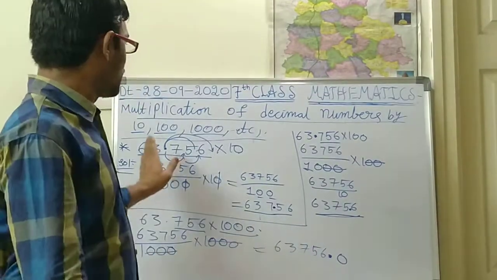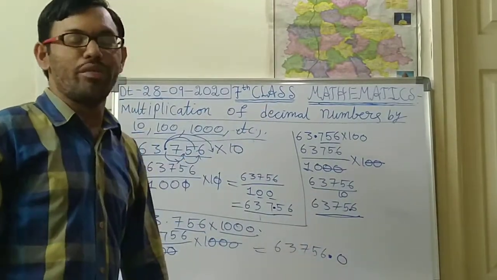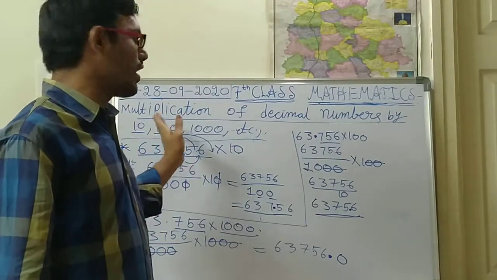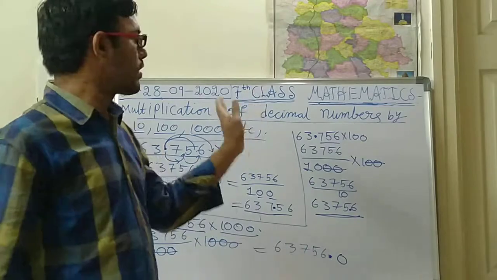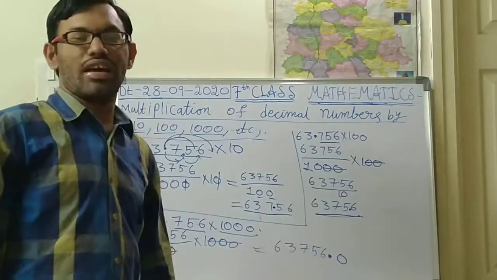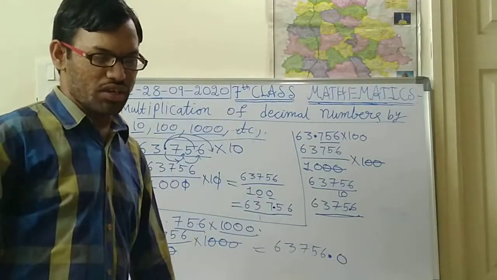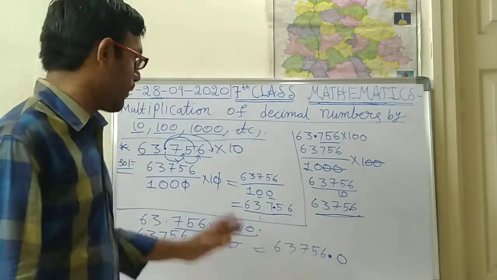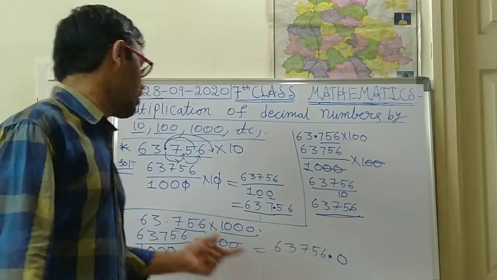This type of thing will be happening while you are multiplying any decimal number with 100 or 10 or 1000 or 10,000 or lakhs or 10 lakhs. So this is the concept, children. I think you have understood this very easily. What is the first step you are supposed to do?